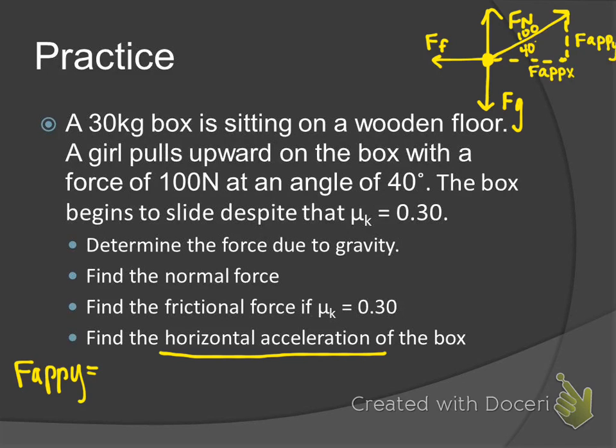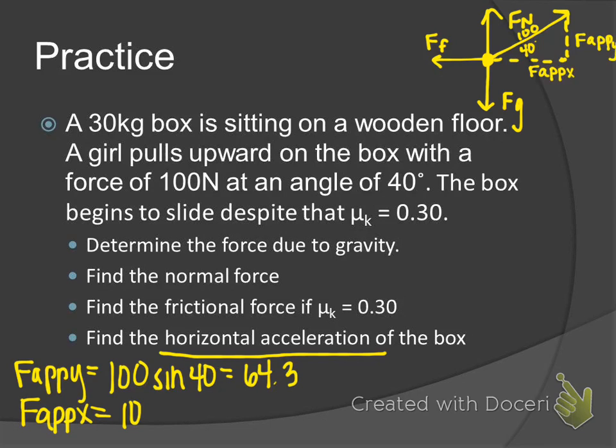To find F applied y, we'll take the hypotenuse times sine of 40. And to find F applied x, we'll take 100 cosine of 40. Are we going to need both of these components of our applied force?